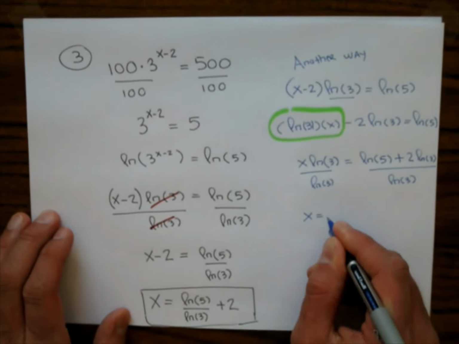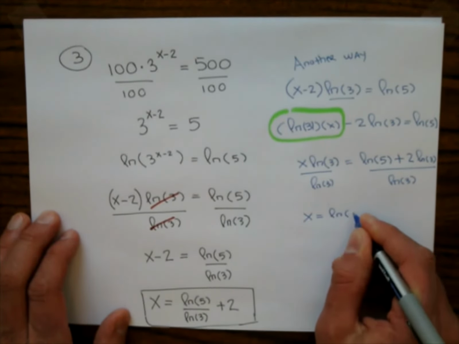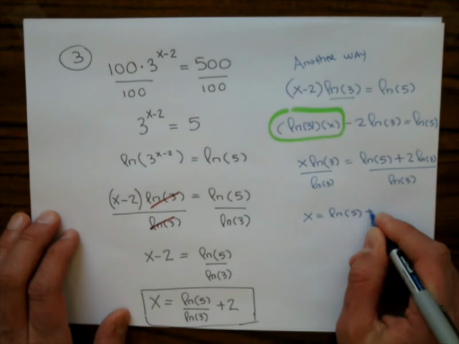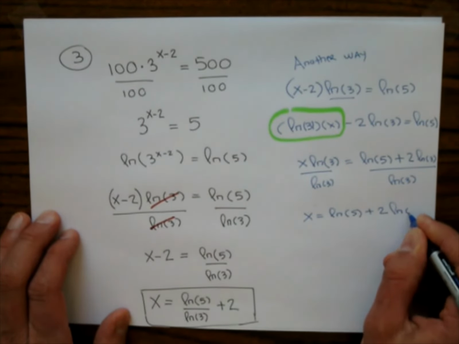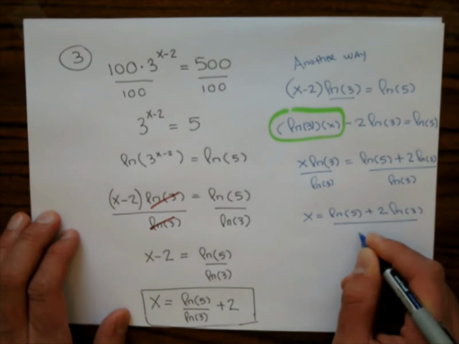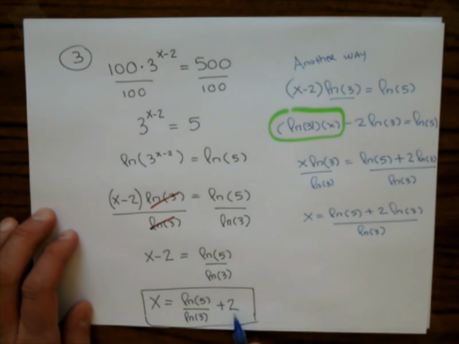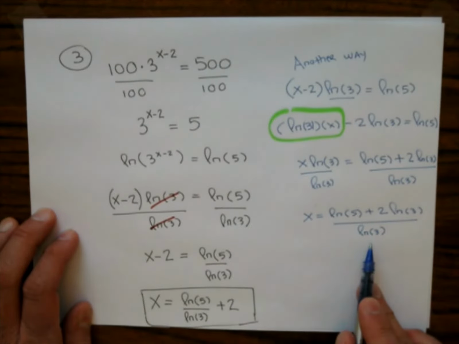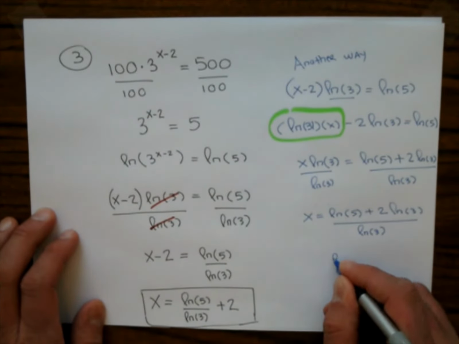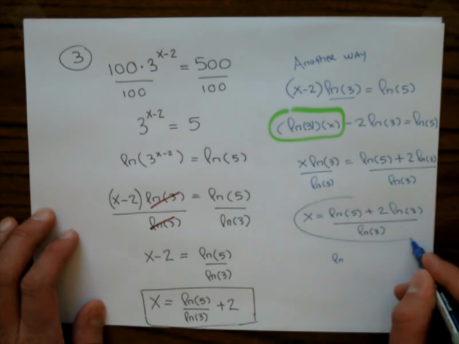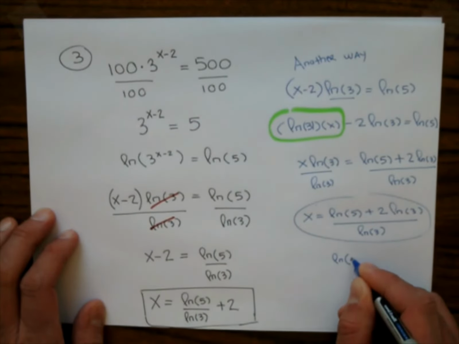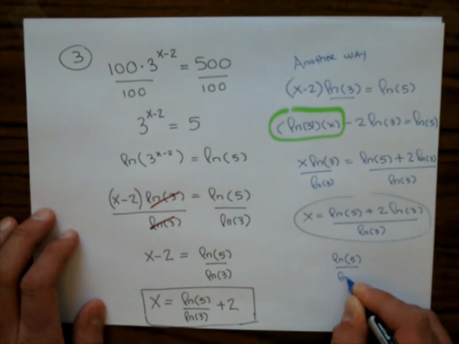So I have x equals ln5 plus 2 ln3 all over ln3. Now you might say, well, we got a different answer. But this is a legitimate answer. This is good. But just to show you that it's the other answer, split the fraction.